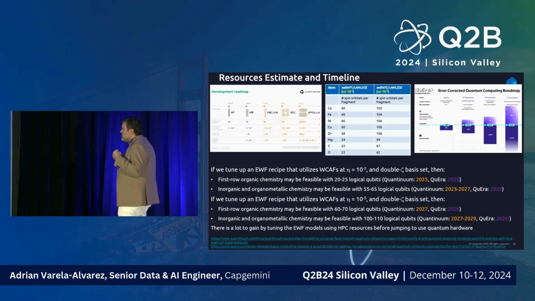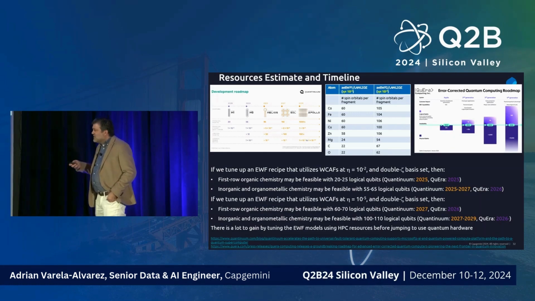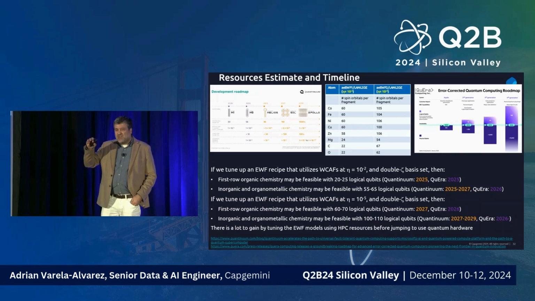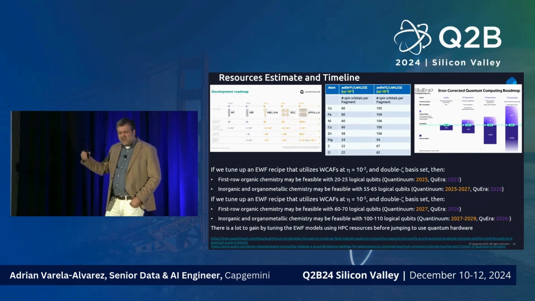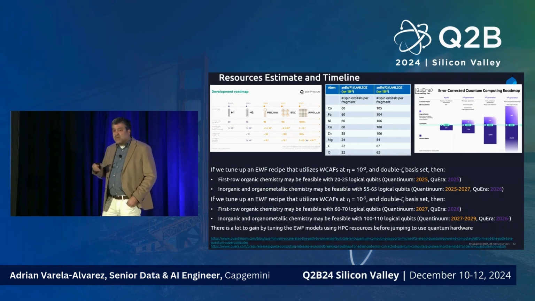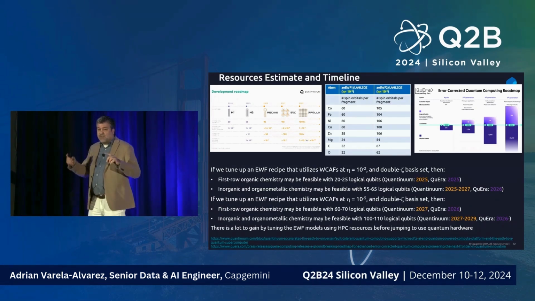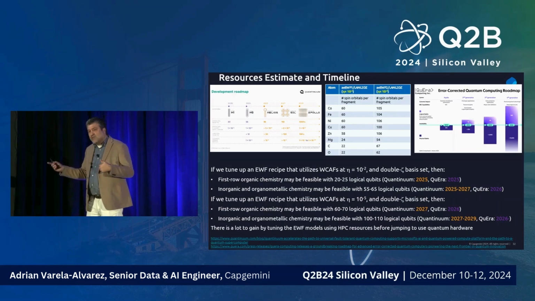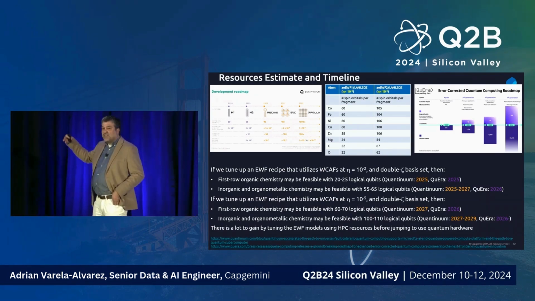And here, for me, the takeaway is, depending on the approximation and the recipes you are using, let's forget about error rates and things like that at this point. Let's adopt a naive approach. Those calculations, just based on the number of logical qubits that you will require, just assuming a mapping of 1 qubit, 1 spin orbital, should be able to fit in quantum hardware that is coming in the next 5 years.